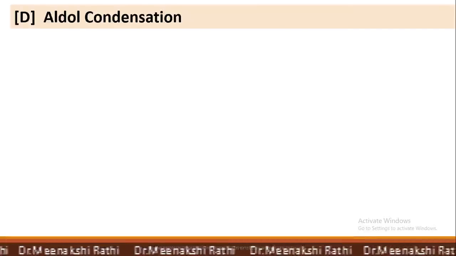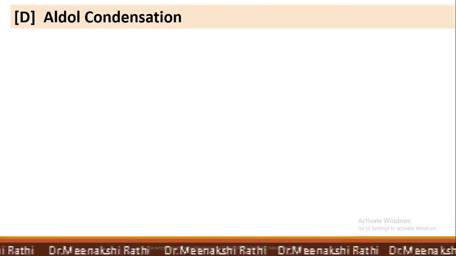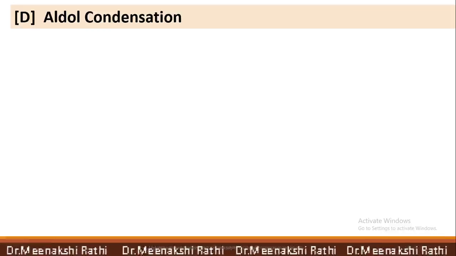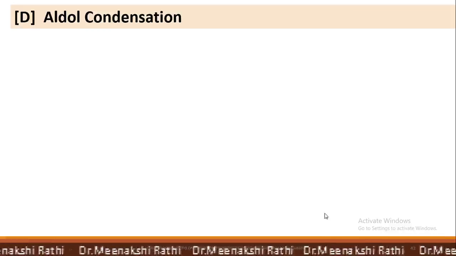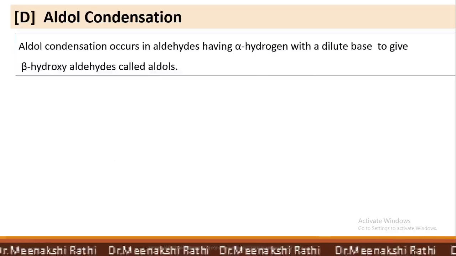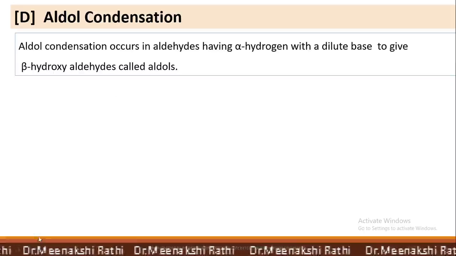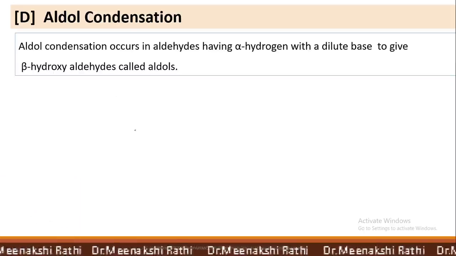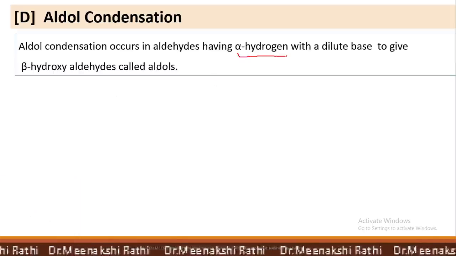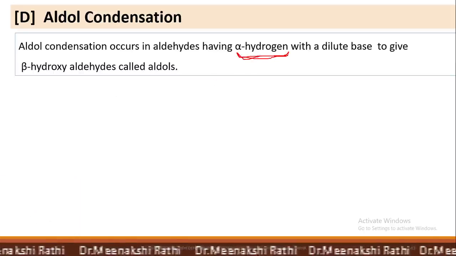The next reaction of aldehydes and ketones is the aldol condensation. This reaction is given by those aldehydes and ketones which have an alpha hydrogen atom. This is the required condition.